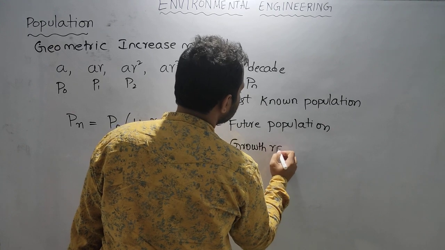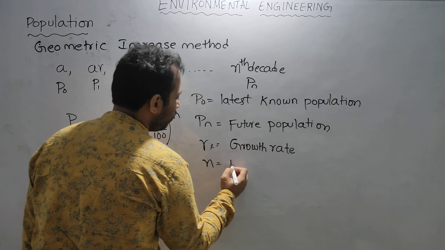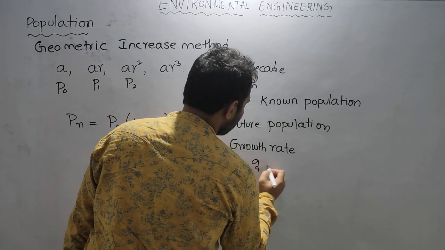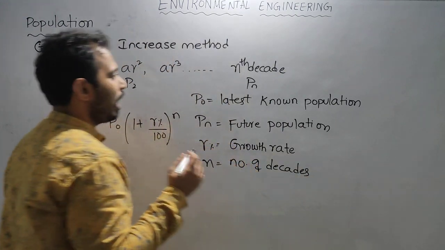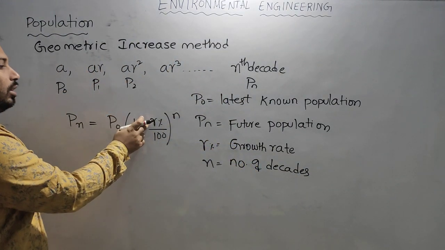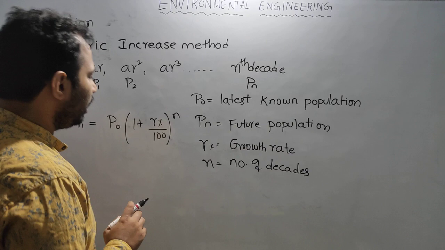N is the number of decades. Again, this R is for decades, so the N value should also be substituted in decades, not in years.